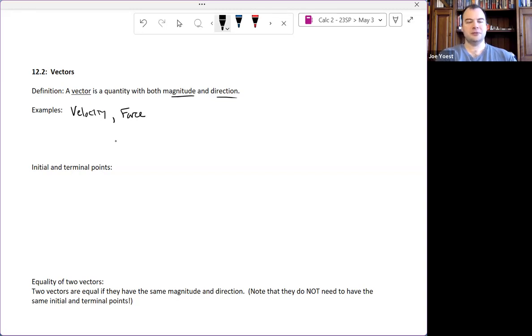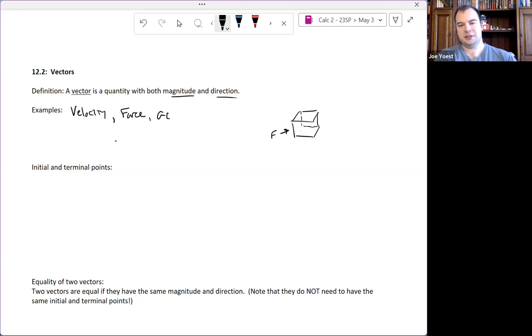Something like force, if I have a box and I'm pushing with a force, I'm applying a certain amount of effort into that box, but I'm also applying that effort, so to speak, in a certain direction. So force has both a magnitude and direction.